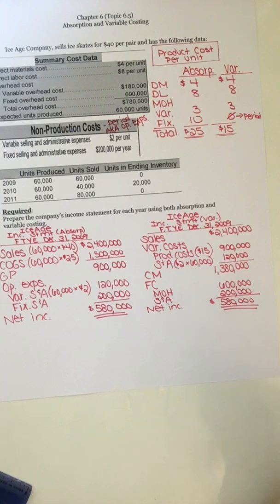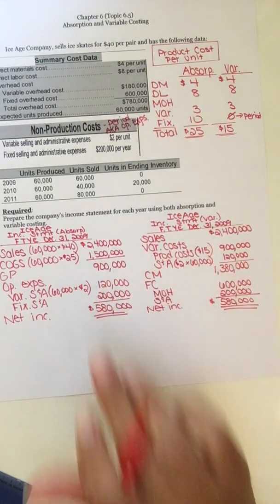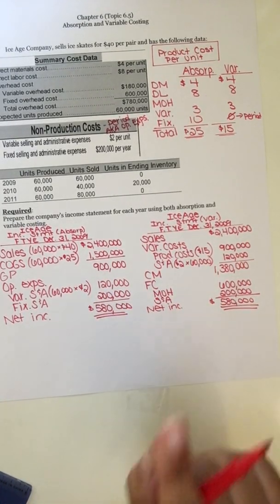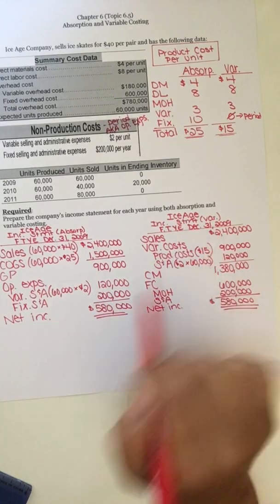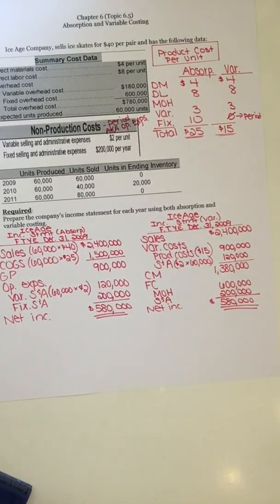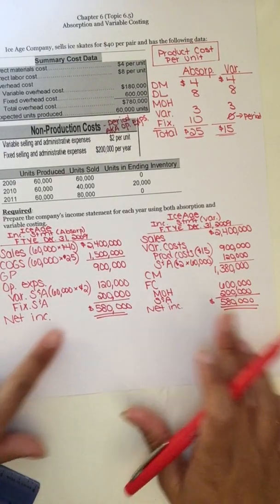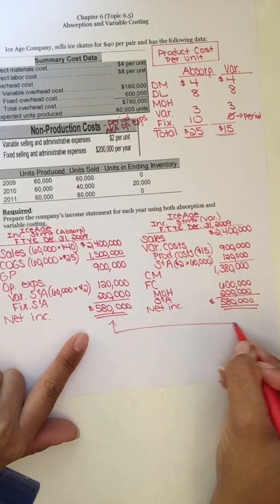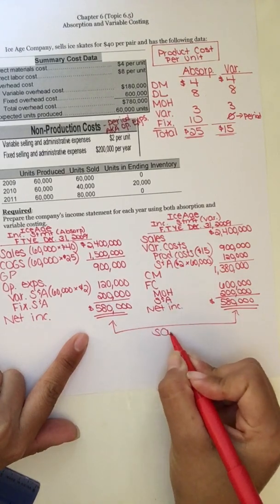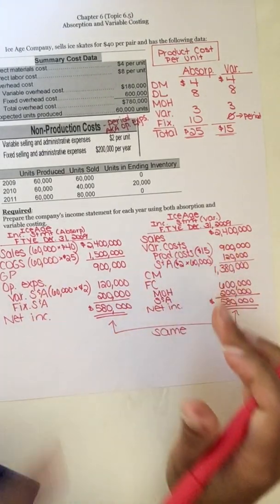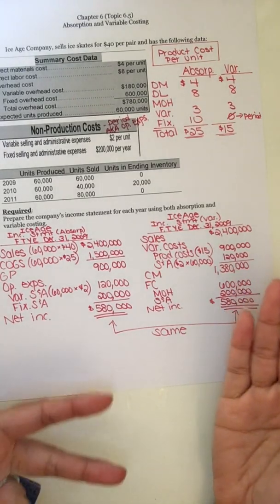Your format is similar to the income statement from Accounting 1A with respect to your dollar signs on the first and last number and the double underlines. Okay, we notice something interesting here. Our net income is the same under both methods. Do you think that's always going to be the case?